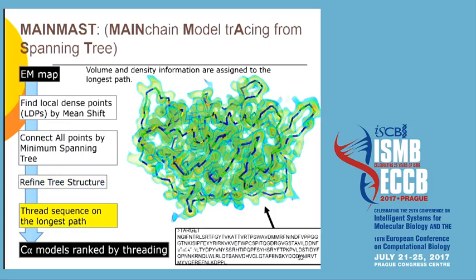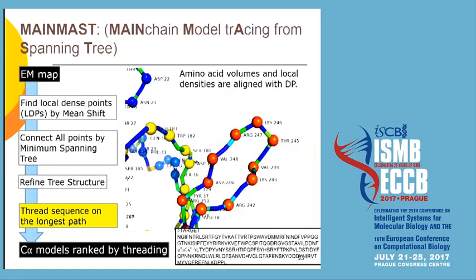And finally, after generating about a couple of thousand structures, we fit the sequence to the longest path of each tree. We do it by DP, which is very familiar in threading. Because we can see the dense regions of the points along the tree, the branches, we run a dynamic programming algorithm by trying to match the amino acid volumes to the dense regions.